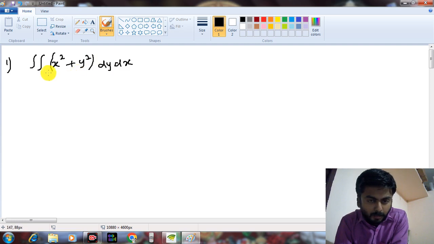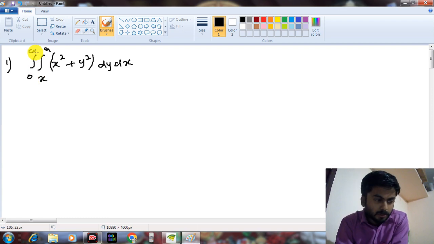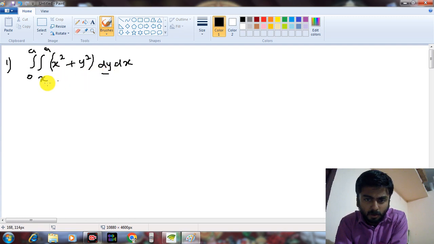Now I am taking the limit of y as x to a and the limit of x as 0 to a. Since the limit of y is in the form of x, it is in the correct form.